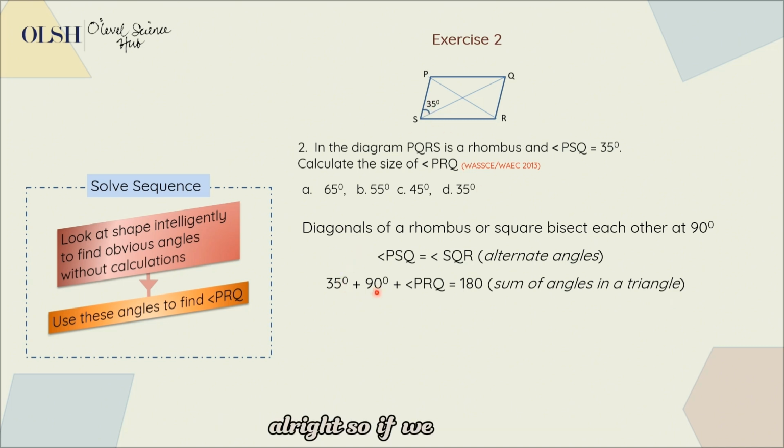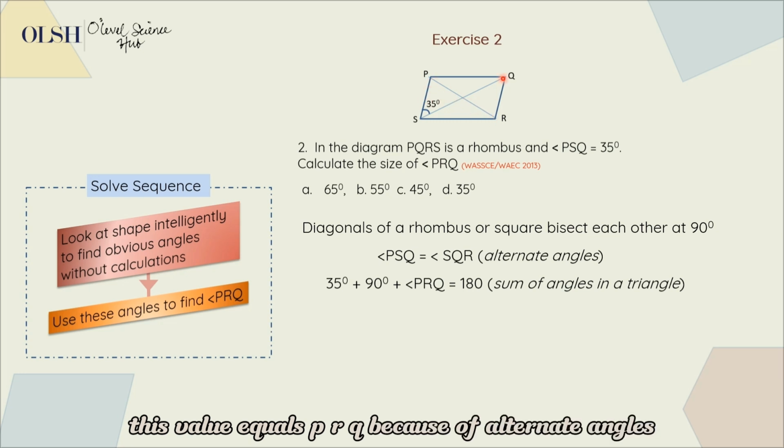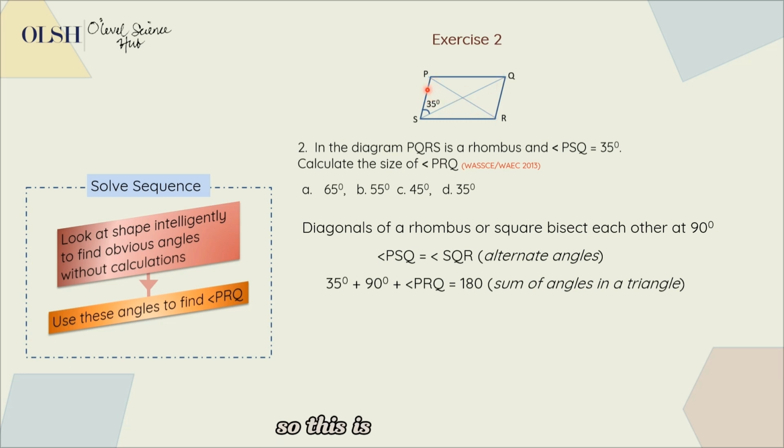Alright, so if we do that, we have 35 plus 90 plus PRQ equals 180. Of course, the angle we use here is PRQ. That's because even if we're looking for this value here, this value equals PRQ because of alternate angles.